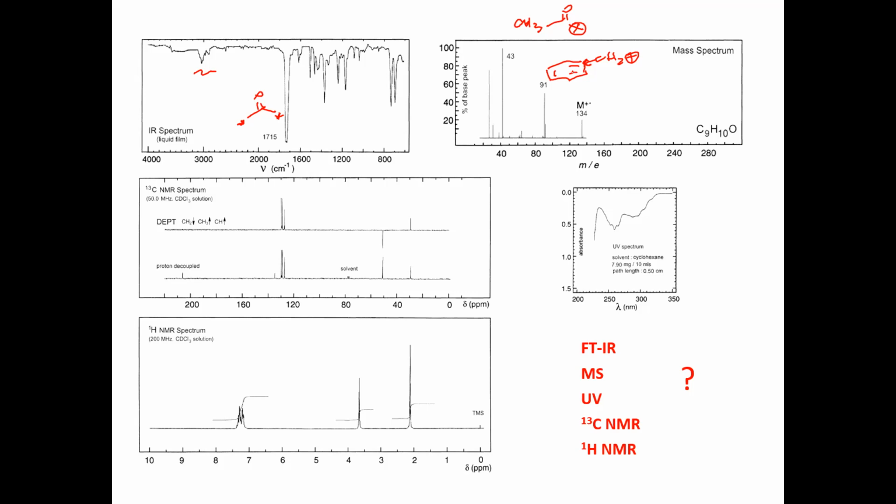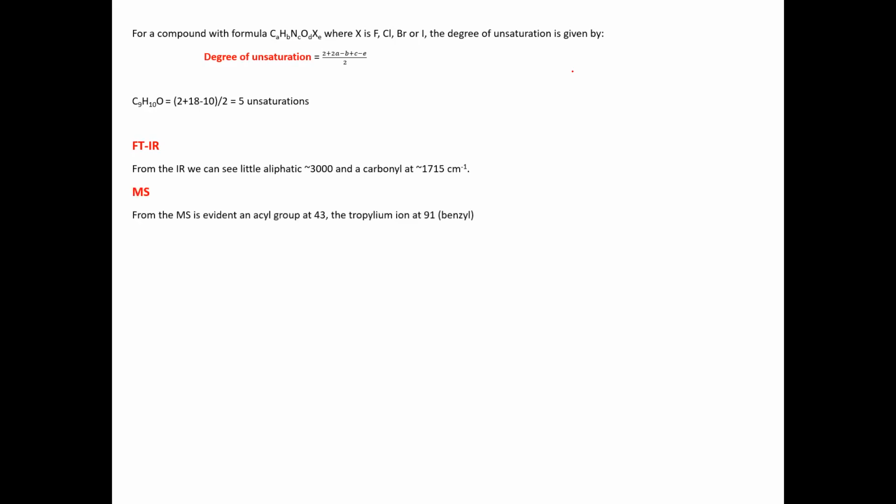So what's this molecule? Recap: 5 degrees of unsaturation, that was correct. FTIR around 3000 and the carbonyl at 1700-ish. Mass spec 43 and 91.